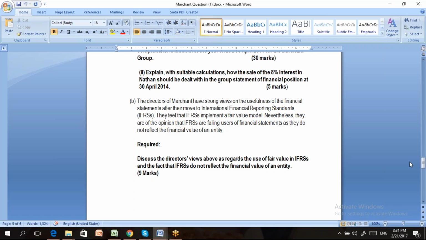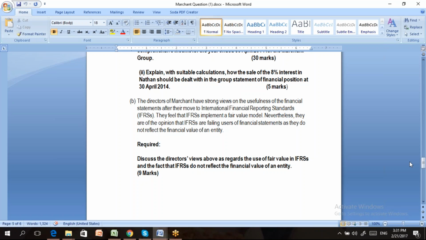Under IAS 16 property, plant and equipment, we have the option to bring the fair values. IAS 40 investment property, what do you think?